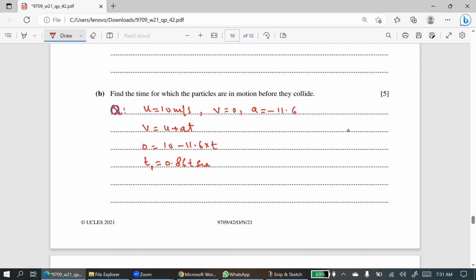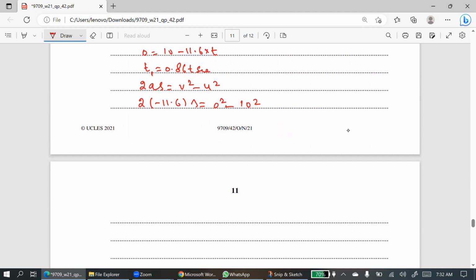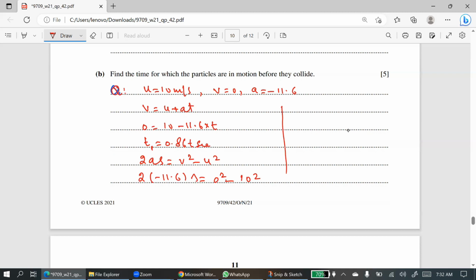Now the distance covered by Q is 4.31 meters.